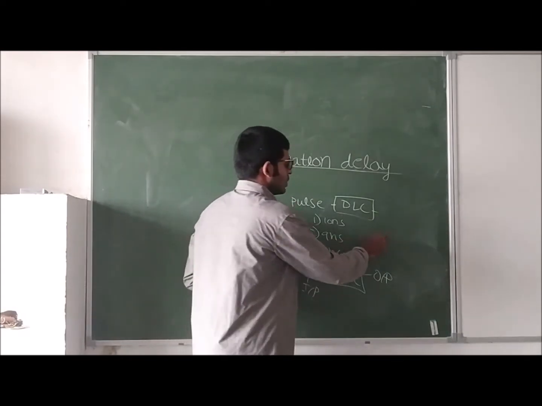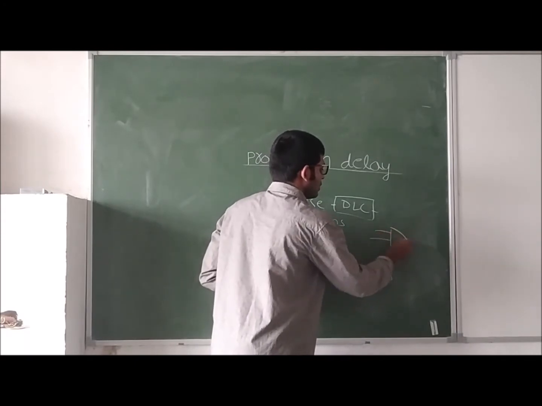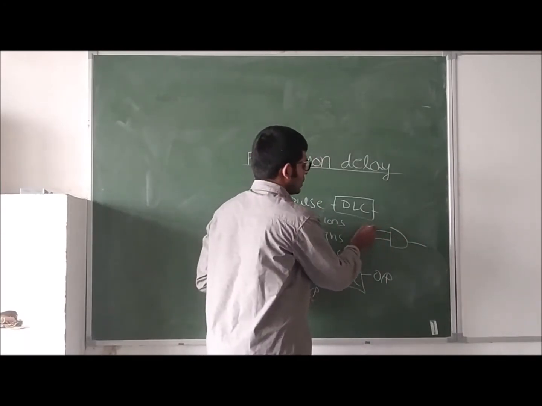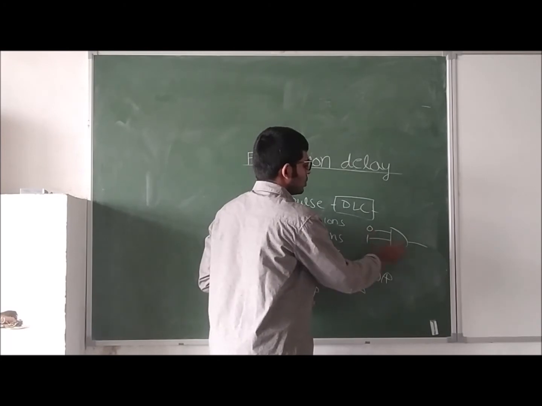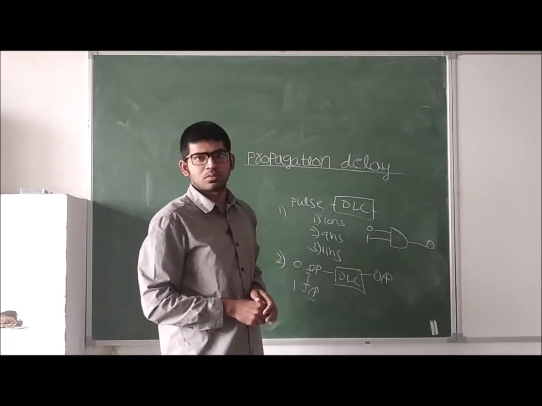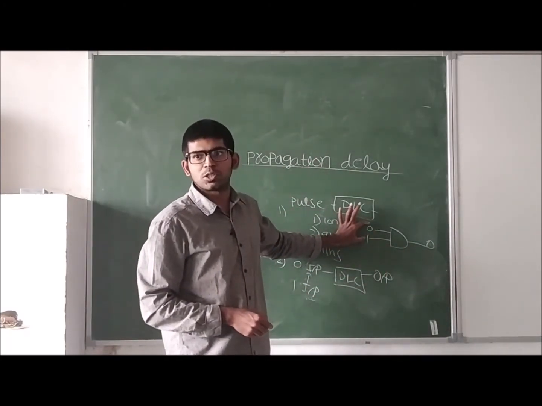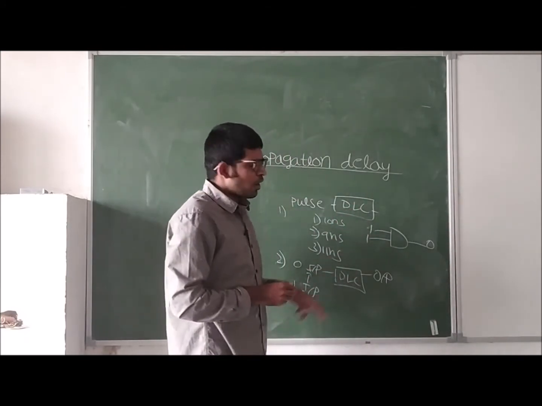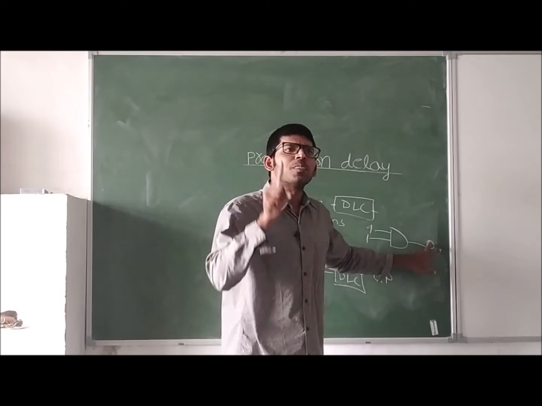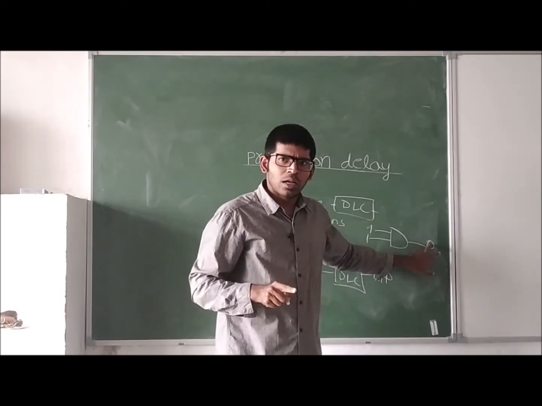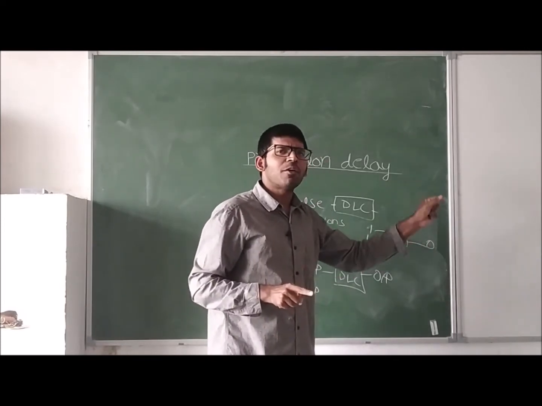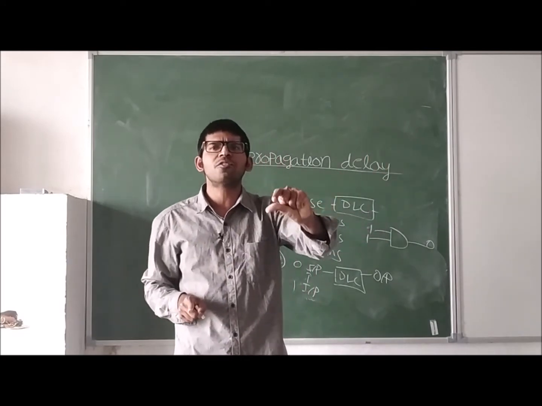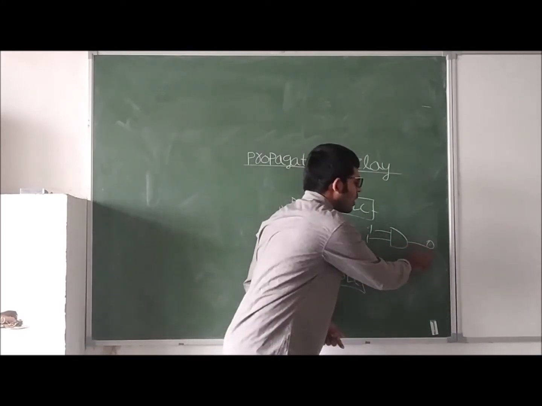For example, if there is an AND gate with inputs 0 and 1, the output is 0. Now we have given the two inputs, and we change the input to 1. We are expecting the output to be 1, but still it is 0. After a fraction of a second, after a fraction of nanoseconds, it becomes 1.